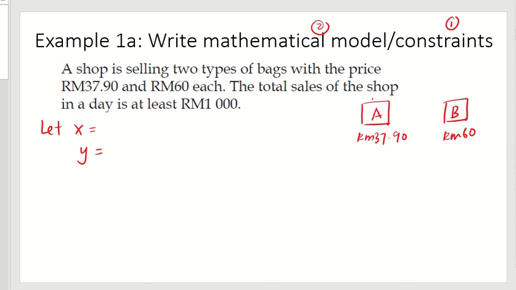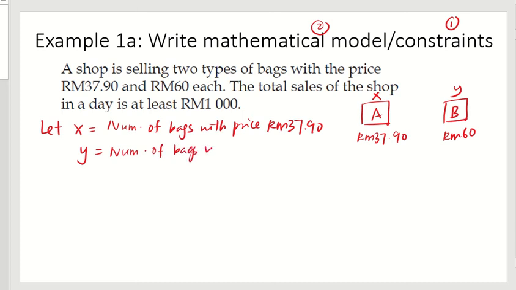So what is x? x is related to bed A. Normally, the unknown is involved with the number of items. Number of beds with price RM37.90: x. Then y is the number of beds with price 60 ringgit. Okay, then what is your constraint?